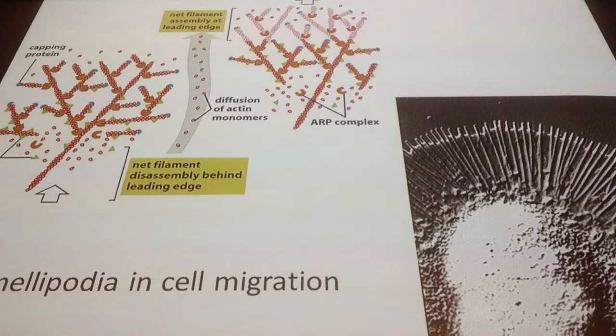So the idea for the last couple of slides is that this assembly is regulated differently. Different mechanisms are used for different functions. Right? So you don't always have disassembly by severing, or you don't always have disassembly by depolymerization. And the cell can't choose one or the other.